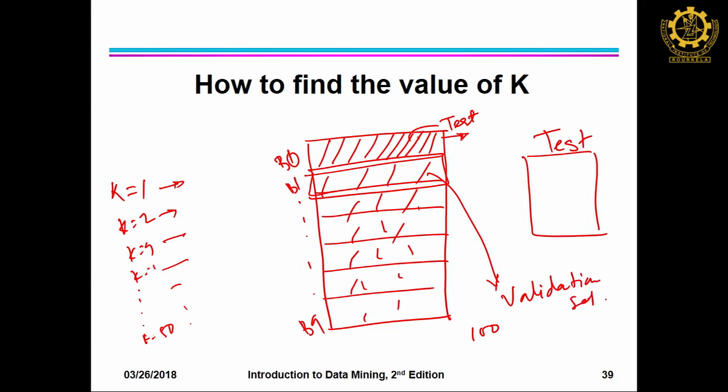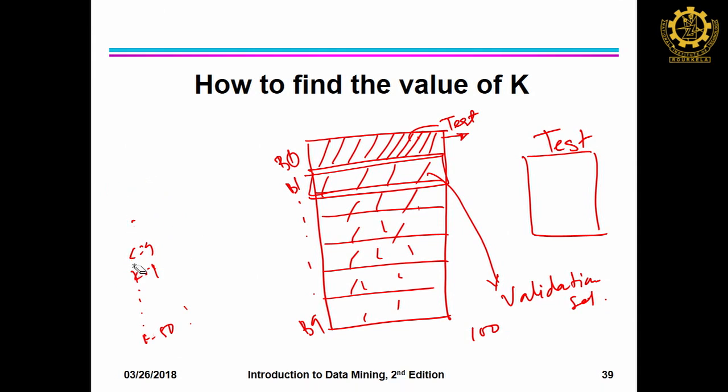We will see for which value of k we get the least error. Similarly, for each block as the validation set, we find the error at each value of k, and wherever we get the least value, that will be the final k value.